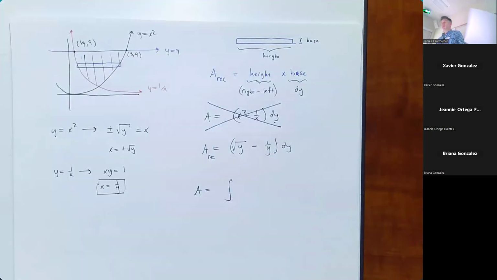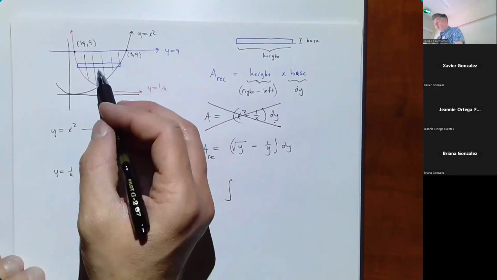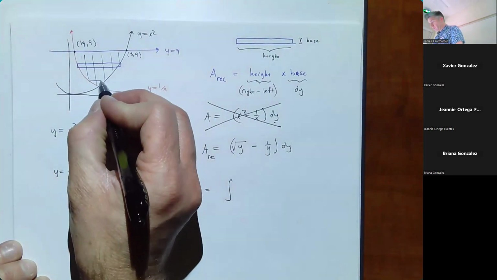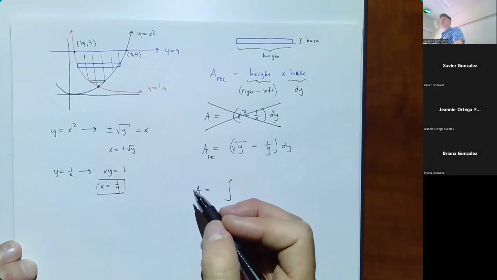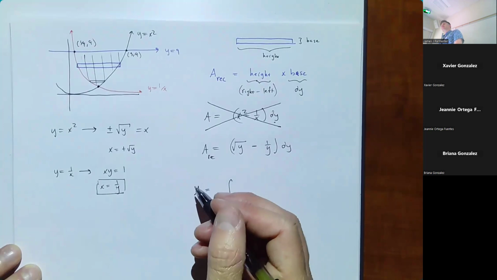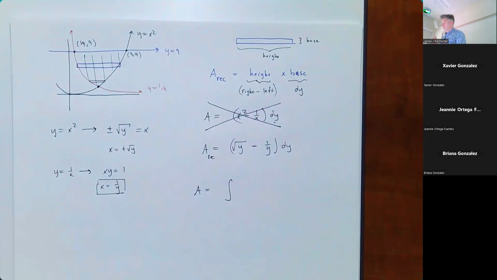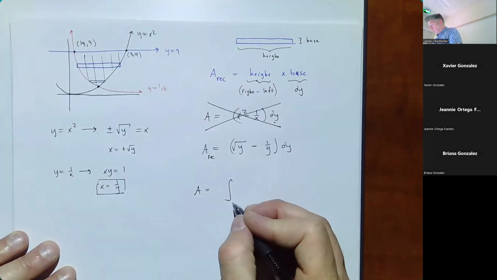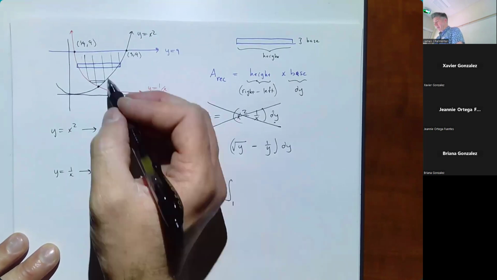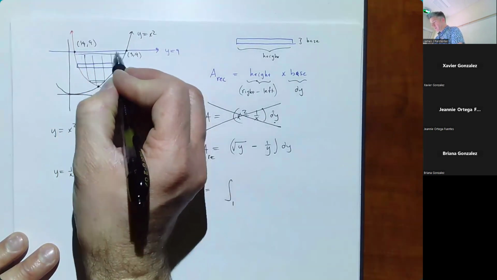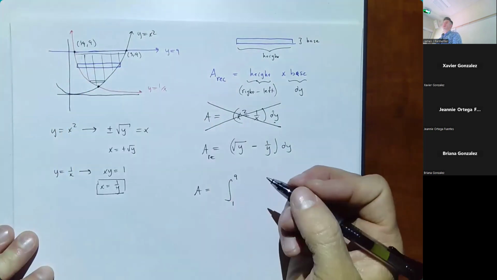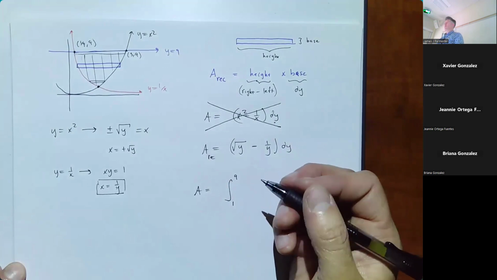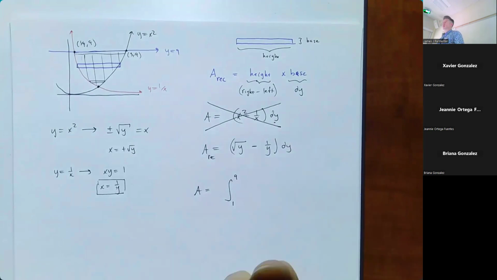Here, we're not moving left to right, we're moving bottom to top. So how low can I draw my rectangle? I don't actually remember what the y value was there. The x value was 1, but the y value is also 1 because they happen to be the same. So we're going as low as y equal to 1 and as high as, how high? Often, almost always, your limits of integration will be different values if you do it a different way.